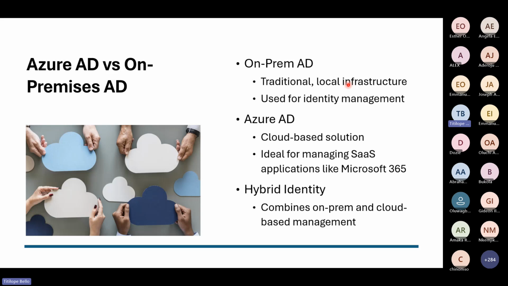You can also decide to set up a virtual machine in Azure and install the standard Windows Active Directory Domain Services. That is the on-premise Active Directory. It is used for identity management and access management. Identity is the process of validating yourself, or having a user or an account identify who you are.